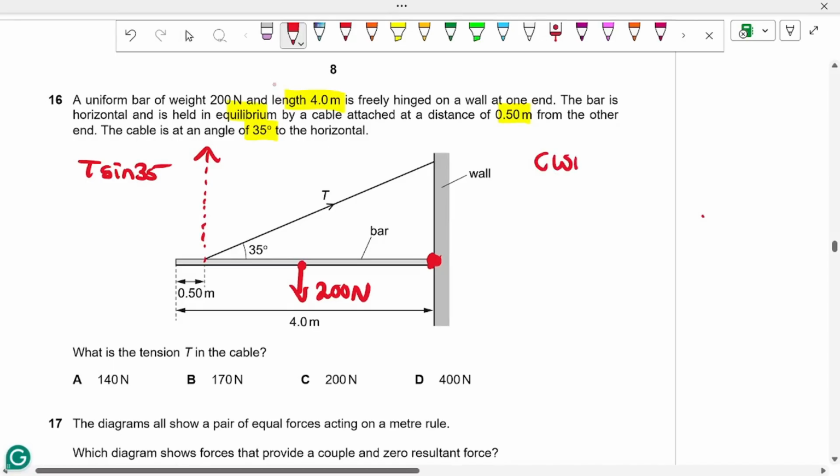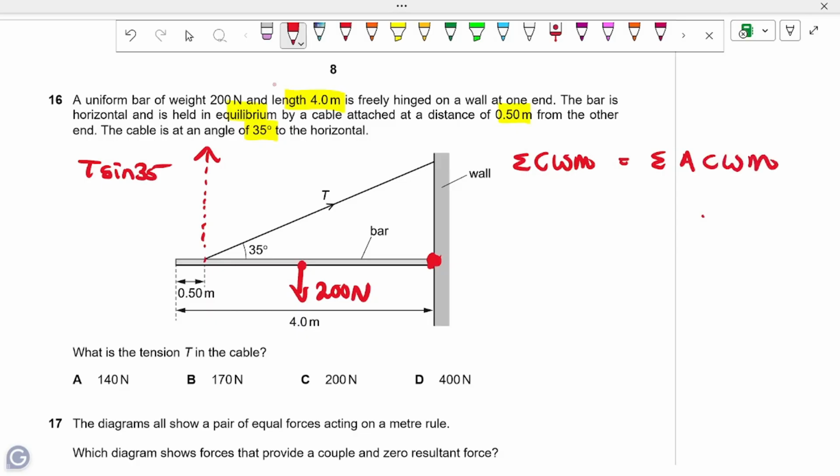So I say, the sum of the clockwise moments should be equal to the sum of the anti-clockwise moments. If I have 200 times 2 for the anti-clockwise moment, this one would be T sine 35 multiplied by the distance, which is 3.5.